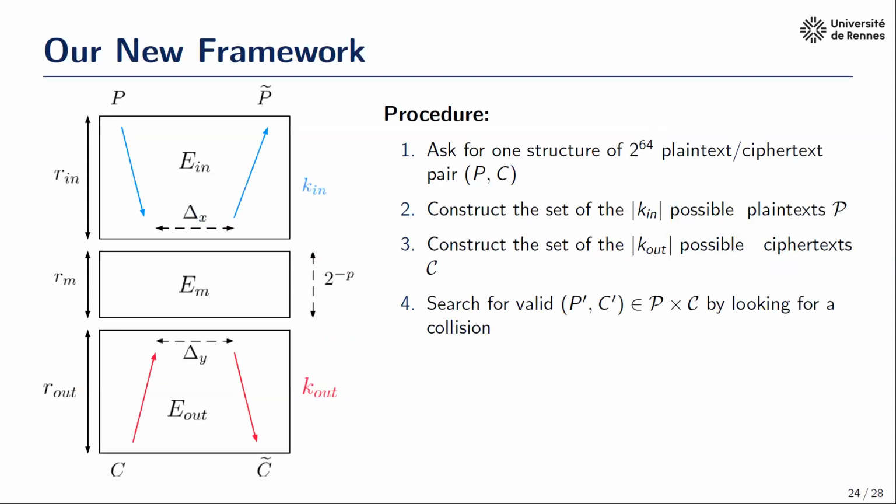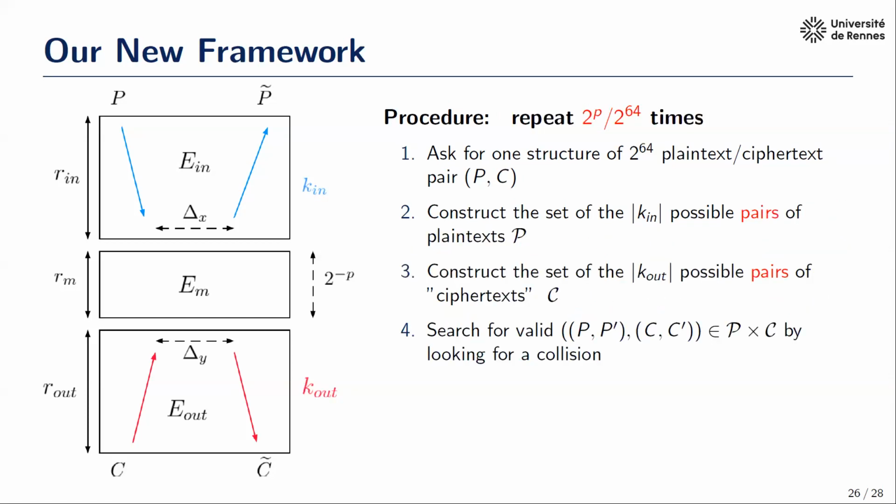When I presented the framework, I forgot to mention that this procedure has to be repeated many times, precisely 2^p times, where 2^-p is the probability of the differential distribution. If you want to do that for the whole structure in parallel, you just have to repeat it 2^(p-64) times, and you will work for the whole structure at the same time.